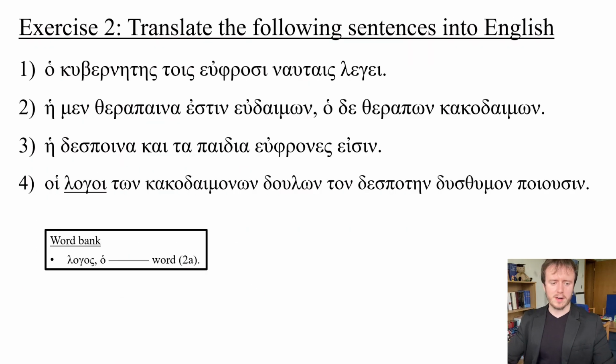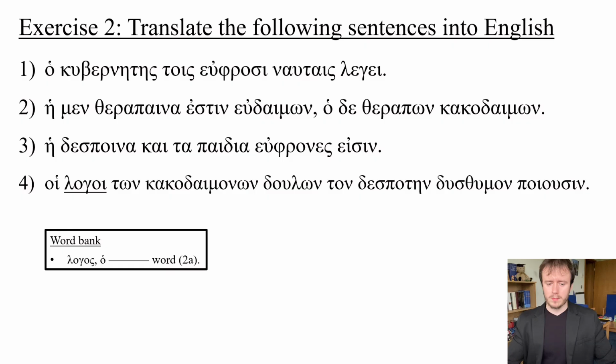Okay, let's now do some practice with translation. Here I've created 4 Greek sentences which use adjectives in orn, on. I should note here that in number 2 you have the words terapaina and teraborn being used.